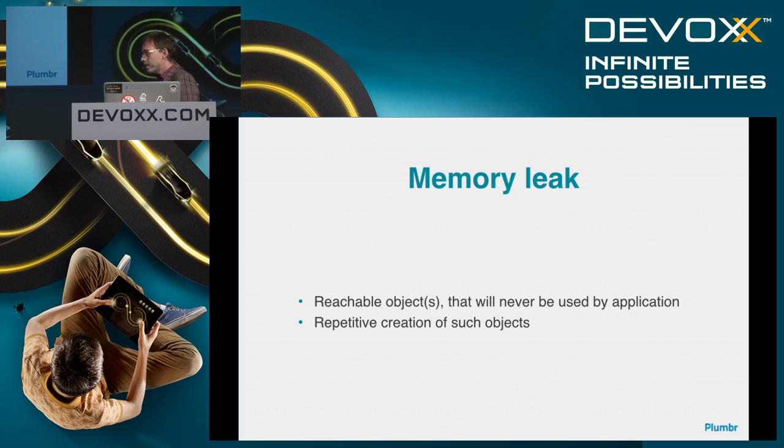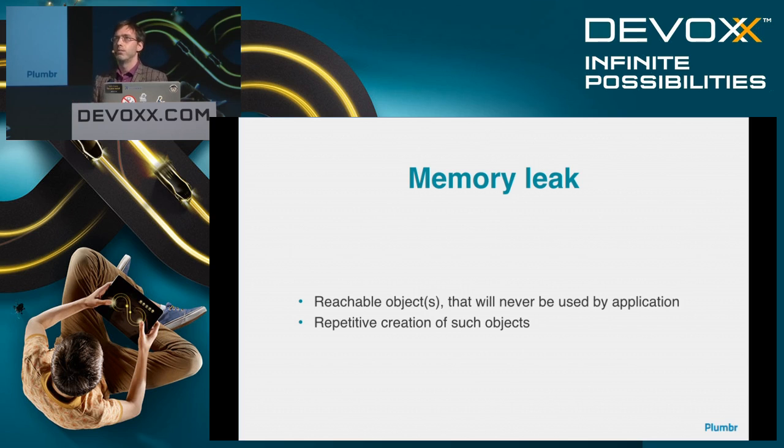And from the practical point of view, a memory leak becomes a problem when you have repetitive creation of such objects. During the runtime of your application you create objects, you put them somewhere, they are reachable, they have incoming references, so the garbage collector cannot throw them away, but your application will not use them anymore.